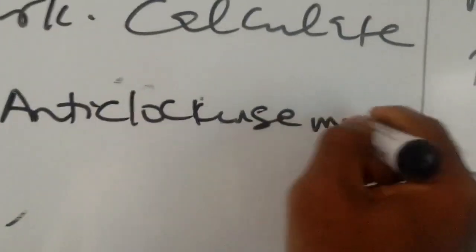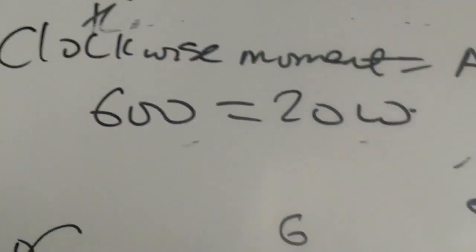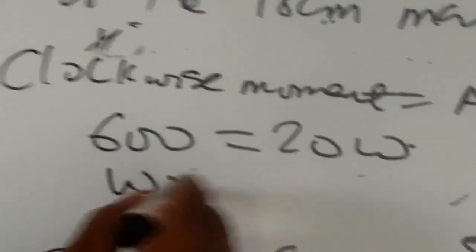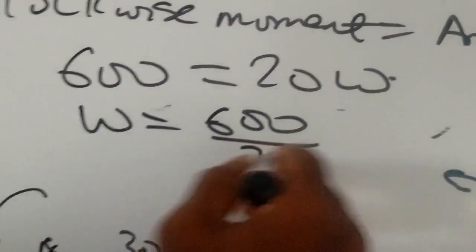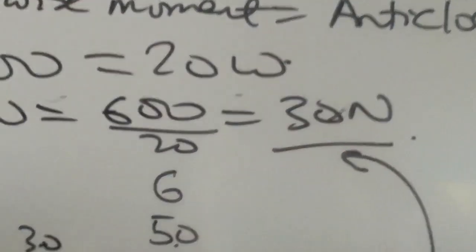So the clockwise moment from our calculation is 600, while the anti-clockwise moment is 20W. You make W the subject. W now becomes 600 over 20, and that gives us 30 Newton as our weight.